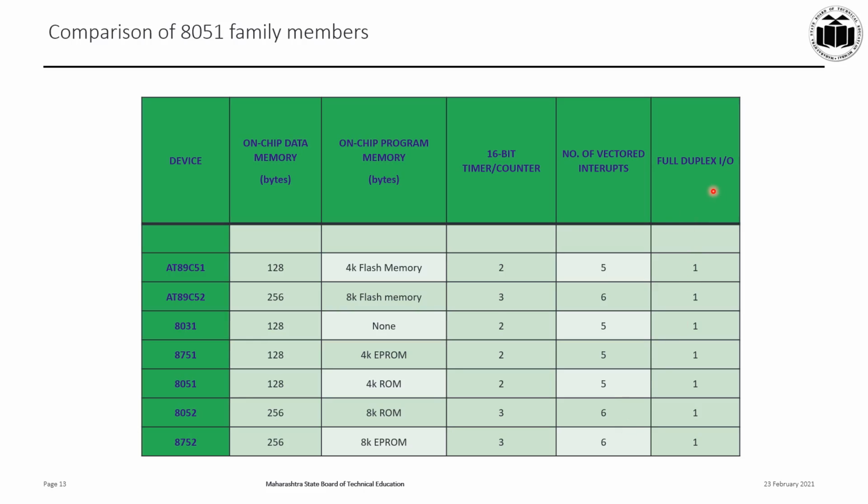Full duplex input output: you can see here there is only one in the case of all the derivatives of the 8051 microcontroller. So a thorough comparison of the 8051 family members is made here, which helps us to understand the difference between the different members of the 8051 family.